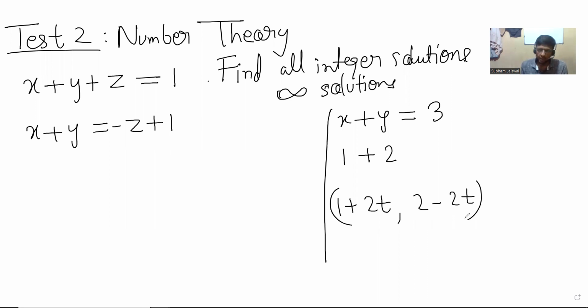Have I given you infinitely many solutions? Yes. Have I given you all the solutions? Will this give me all the solutions, where t is an integer?